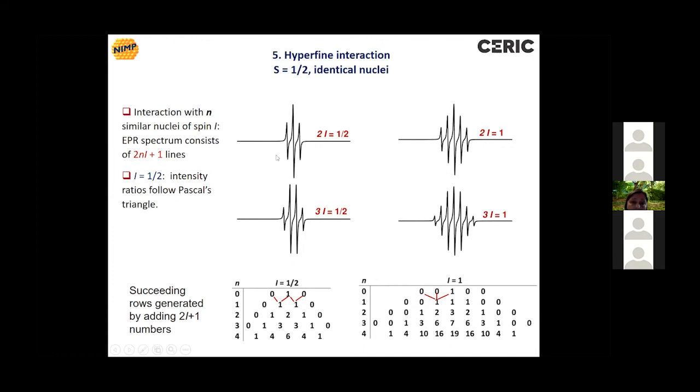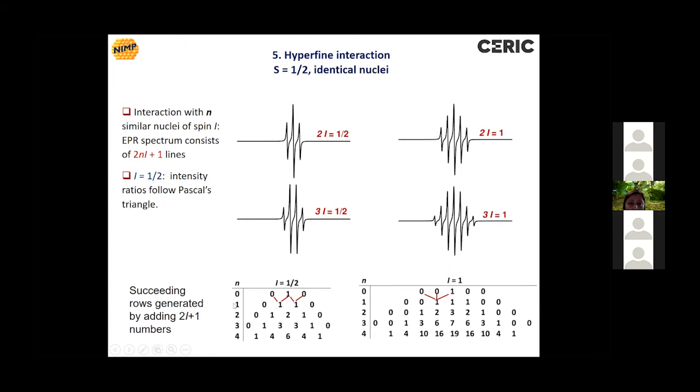The intensity ratio in the spectrum follows the Pascal triangle rule for this spin 1/2. Here is the number of nuclei, and this is the nuclear spin. The succeeding rows are generated by adding 2I+1 numbers, in this case 2 numbers.